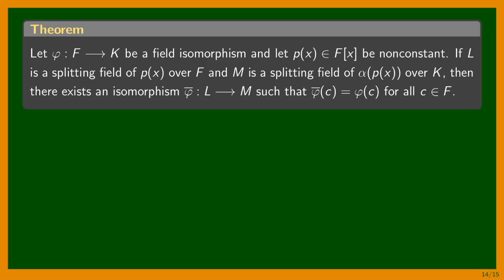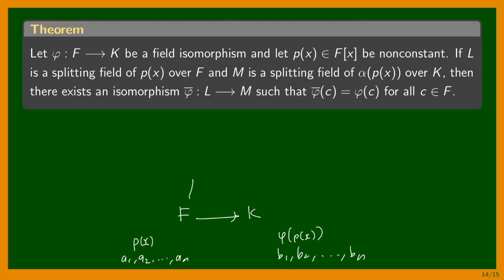Kasi nagawa mo siya sa isang root, di ba? Yung lemma natin, nagawa mo siya sa isang root. Parang ganito si F, si K. Kunwari, yung P of x dito, may roots na alpha 1, alpha 2, alpha n. Wag alpha. Let me use a1, a2, an. So, si phi of P of x dito, kunwari, may roots na b1, b2, bn.